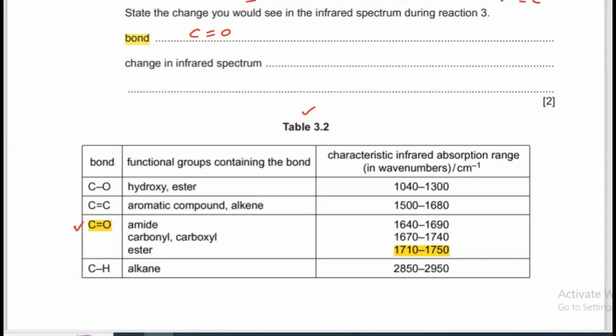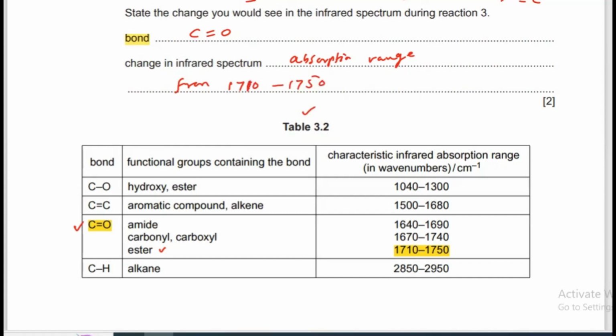Now, change in the infrared spectrum. As you can see, when you get the ester, the range is 1710 to 1750. So the absorption range, the frequency or wavenumber, is from 1710 to 1750.